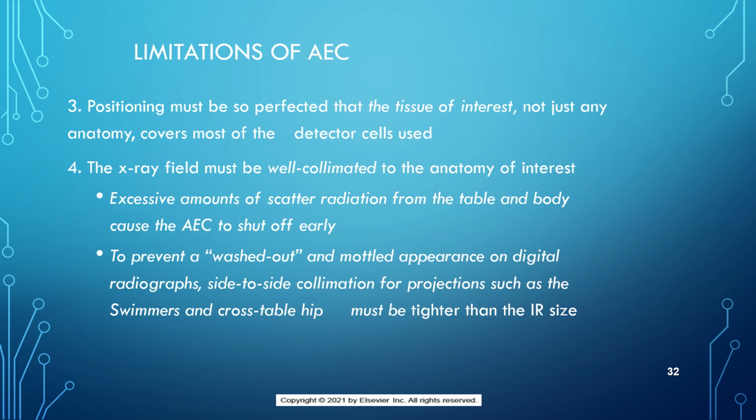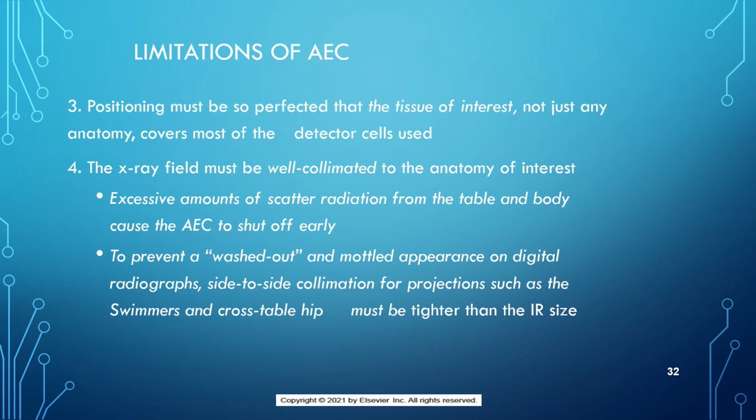So if you're opening it up so that you have the entire scapula and the entire sternum on your swimmers, expect to be generating a lot of scatter radiation. That scatter radiation is contributing to the ionization in the chamber, and your exposure is terminating prematurely because you don't know how to collimate. Clutch the pearls, ladies and gentlemen.